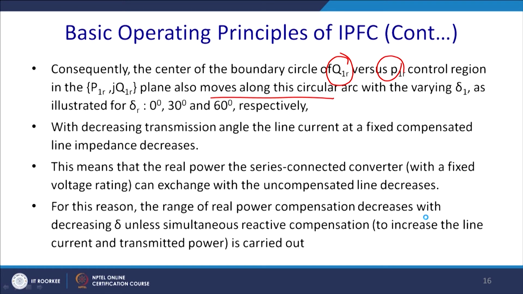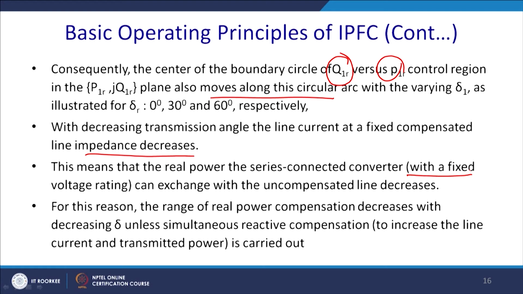With decreasing transmission line angle, the line current at a fixed compensated line impedance decreases. So, the length of that line becomes less. This means that the real power the series connected converter with a fixed voltage rating can exchange with the uncompensated line decreases.